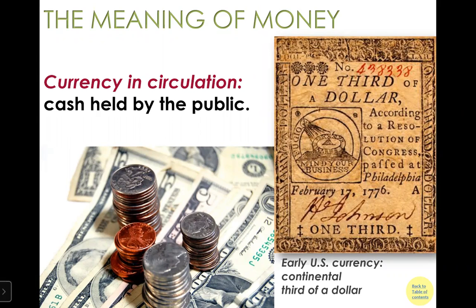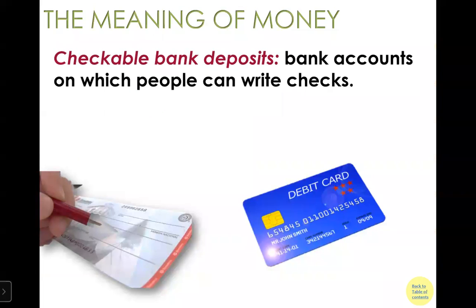Those are currency in circulation, right? Now the other concept is called checkable bank deposit. This is a bank account on which people can write checks. Essentially that's a very liquid form of financial asset. Basically you can just use your check, or these days your debit card, to pay for any transaction. This is slightly different from a credit card, right?